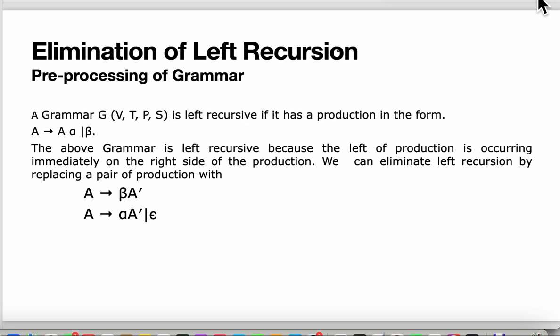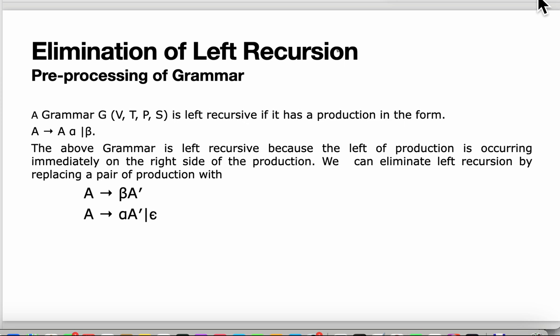Take the variable which is not present in the given grammar. Now A gives A alpha or beta is replaced by the production A gives beta A dash. The term which is not creating recursion, beta, and the term which is creating recursion we replace with a new variable called A dash.